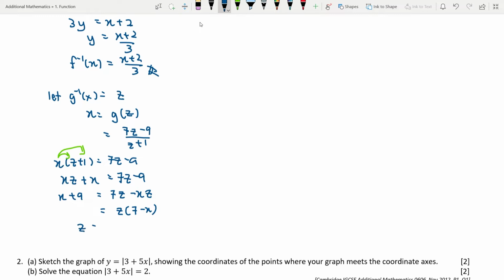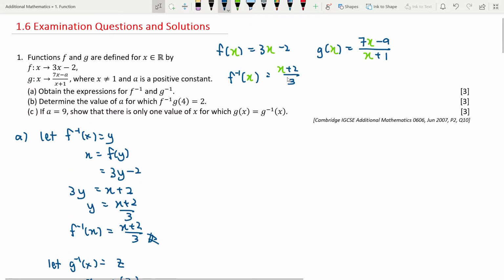We get z equal to (x plus a) over (7 minus x). Substitute z equal to g inverse of x. We get the function for g inverse. Here we have g inverse of x is equal to (x plus a) over (7 minus x).